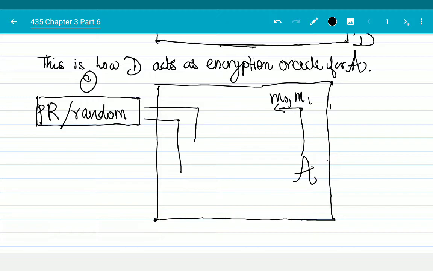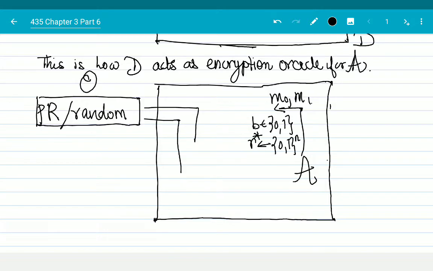Okay. You choose a bit b first, between 0 and 1, and then you again choose r star, which is exactly the same as r. Its job is the same as r.